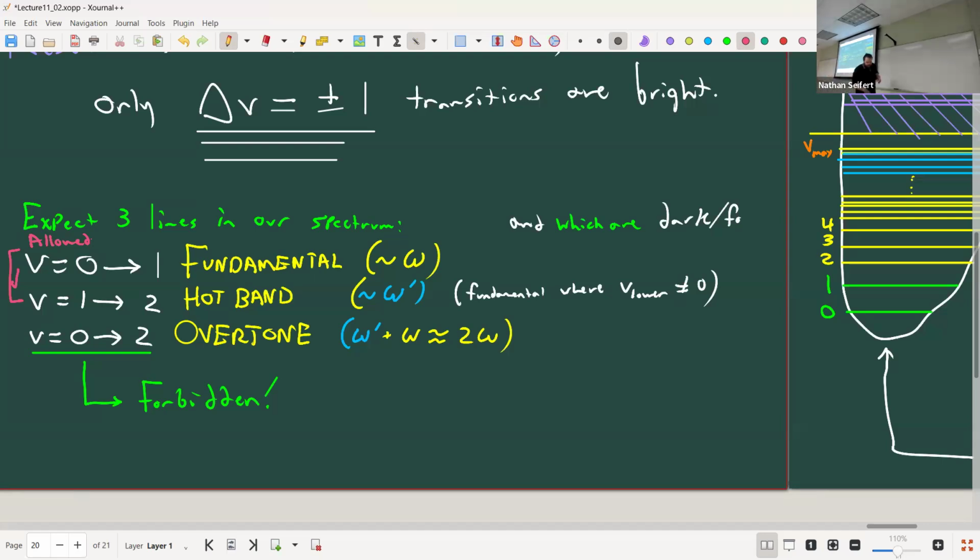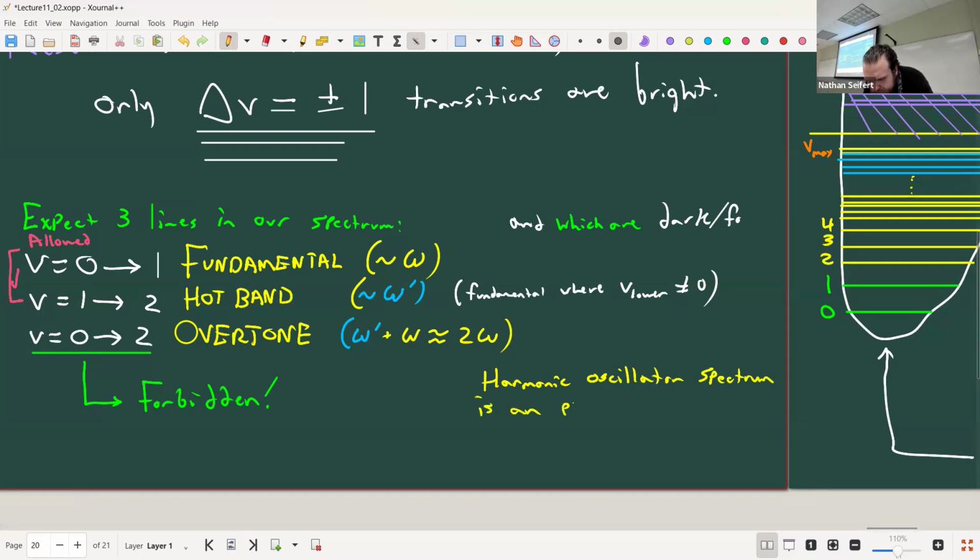All it says in the end is that a harmonic oscillator, and it's a really easy thing to remember, the harmonic oscillator spectrum is an equally spaced ladder, and light only allows you to climb one rung at a time.